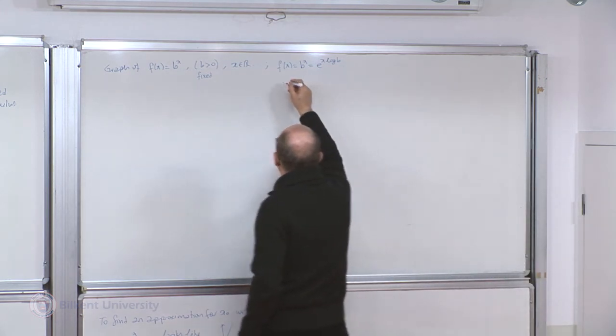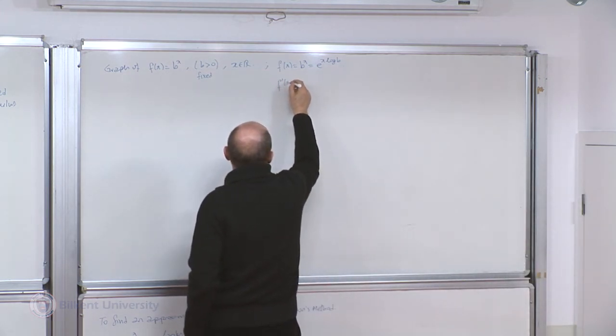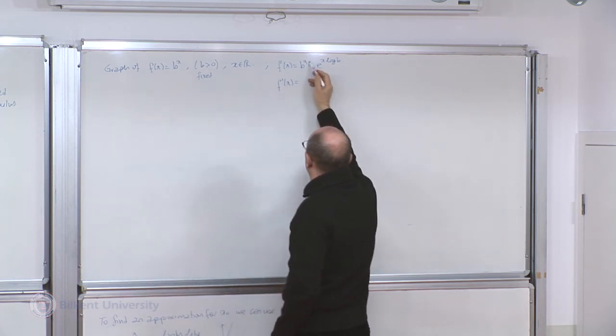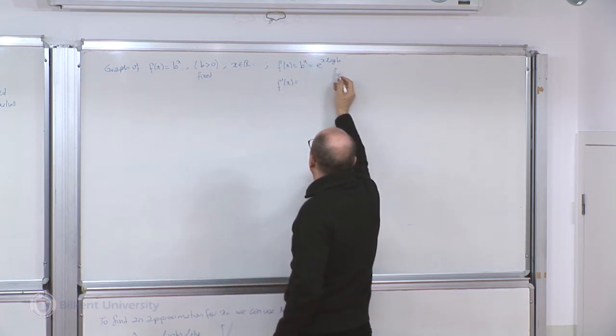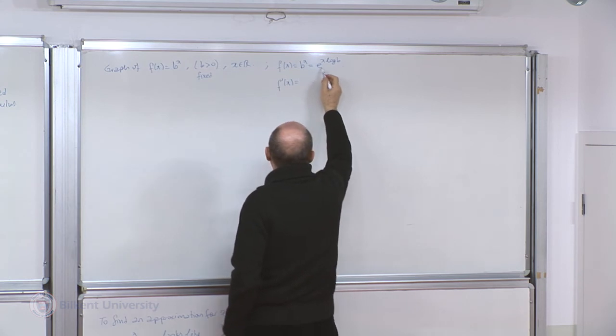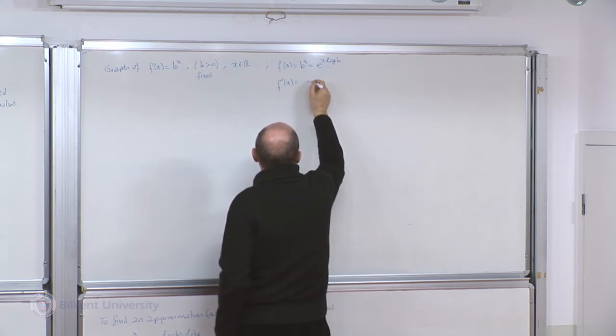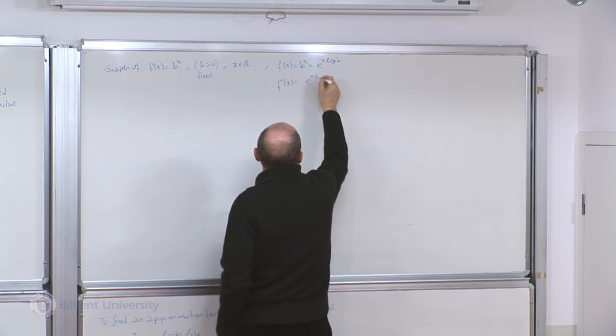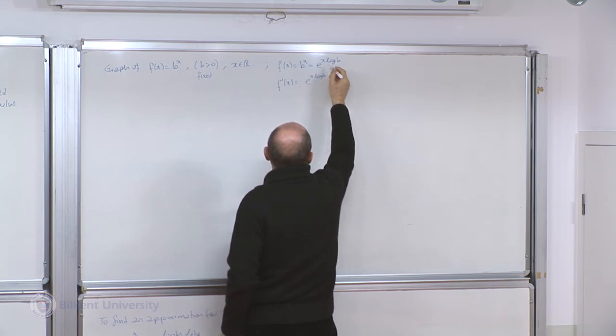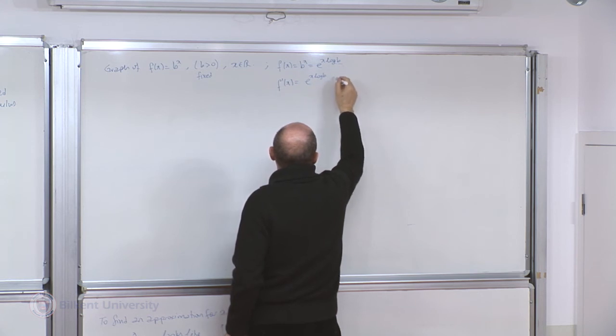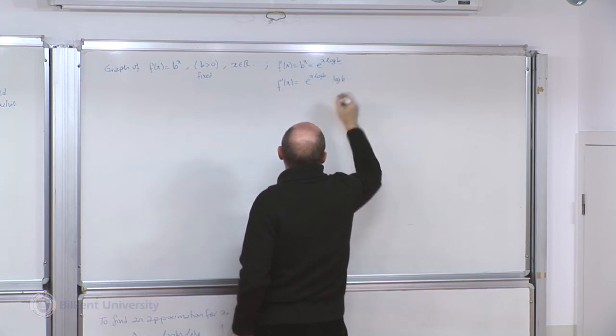So f prime of x is equal to, well, I don't know how to take the derivative of this directly, but this is what I know. I know the derivative of an exponential of something: I keep it as it is, times the derivative of what I see here, log b.